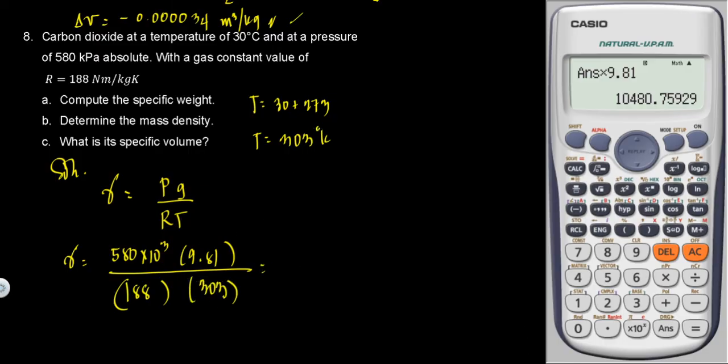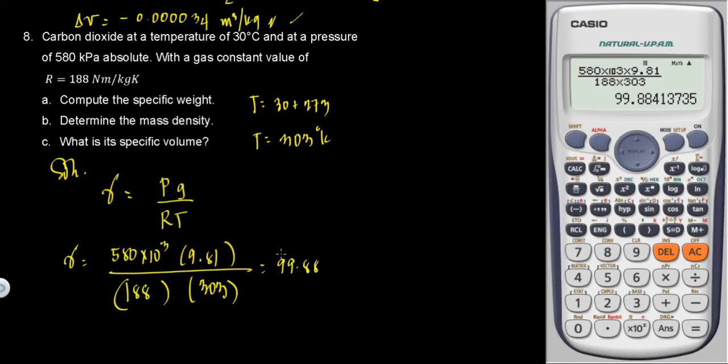So, this is equal to, okay, times 9.81 over 188 by 303 equals 99.88. So, yun na yung answer natin.